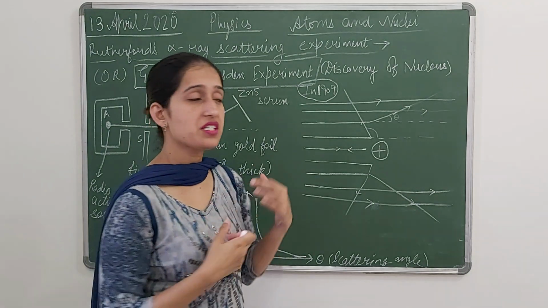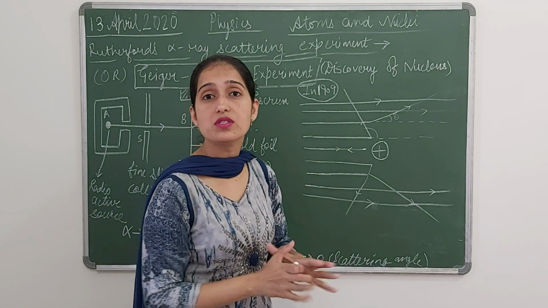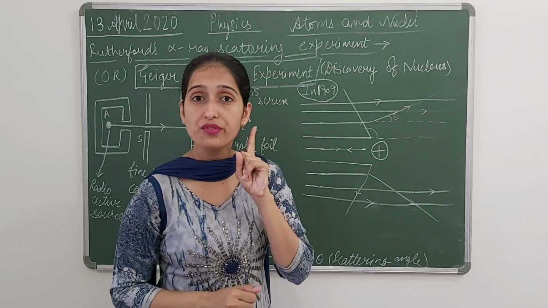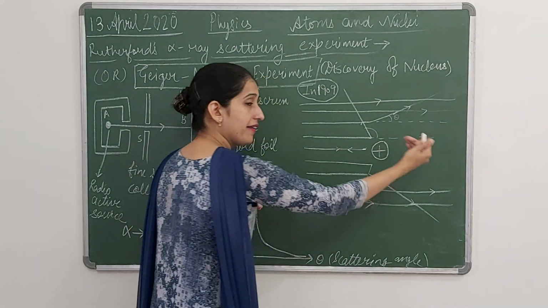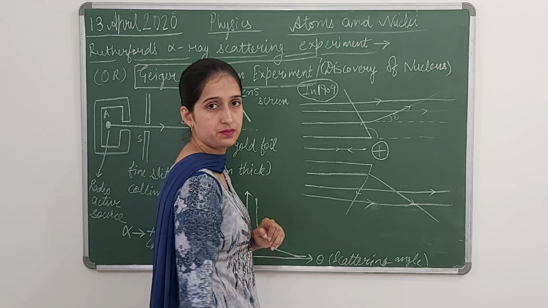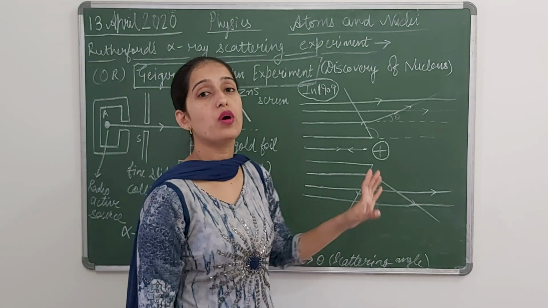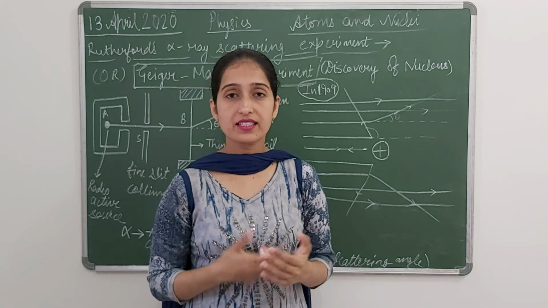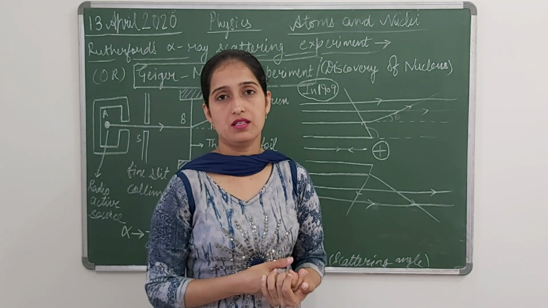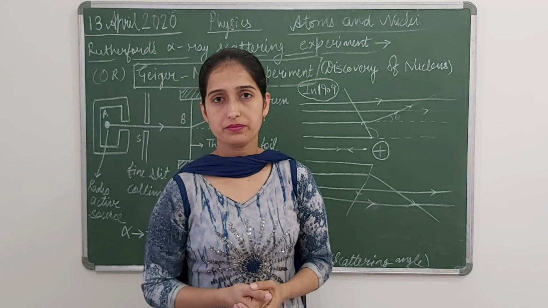If I am scattering 8,000-9,000 alpha particles, then out of them only one alpha particle will retrace its path. Students, these points are the observation of this experiment, and this will give us the detail of the atom.